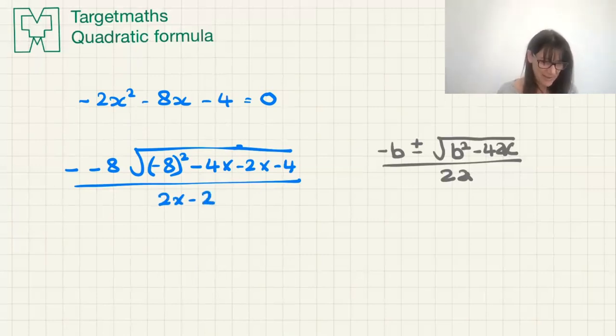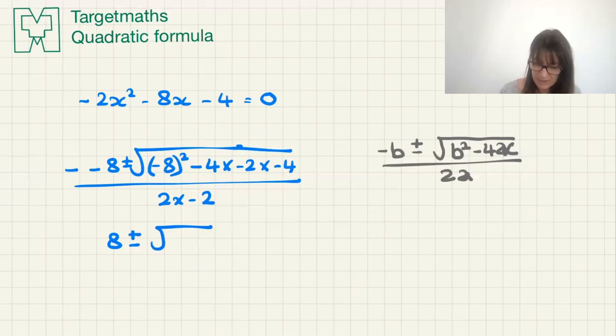Okay, so the minus and the minus here at the very, very beginning is going to create a positive. So this is going to become just 8. So I'm going to have 8. Oh, I missed my plus and minus off there. Look, plus and minus, the root. Now, again, we've got to take our care. There's a lot of negatives here.